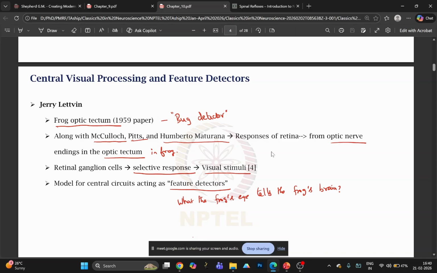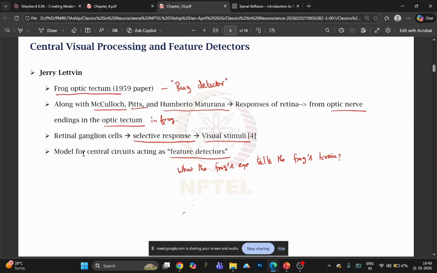So basically from the retina via the optic nerve to the optic tectum. This was the whole pathway, and he was trying to understand, in the paper that they published, what the frog's eye tells the frog's brain. So what kind of information is going from the retina to the brain, and how is it processed?